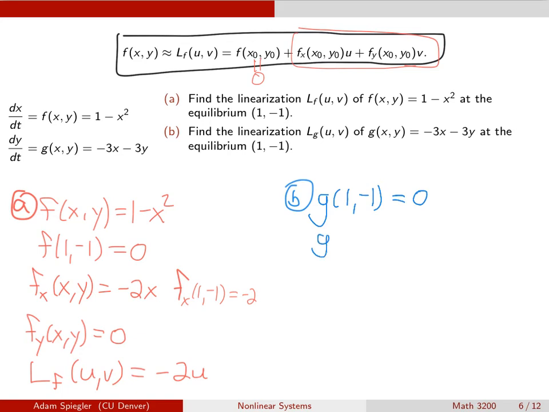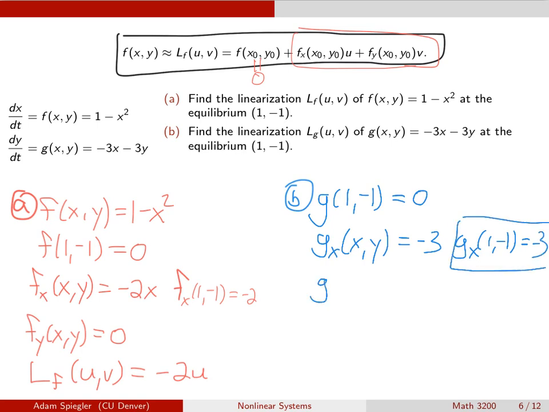And then we can find the partial of g with respect to x, and that gives us -3. And so if we evaluate that at the equilibrium (1, -1), then yeah, we get -3. And similarly, the derivative of g with respect to y gives us -3. So evaluating that at (1, -1) also gives us -3.